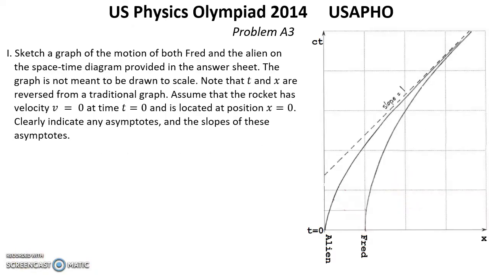Solution. Here we have a graph of ct as a function of x, and because the spaceship is moving with acceleration g, in the regular case, on the y axis ct is linear in time, and on the x axis, x is quadratic in time.